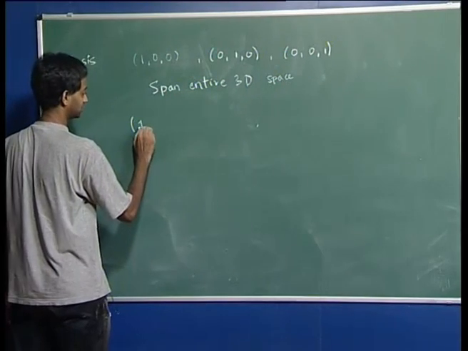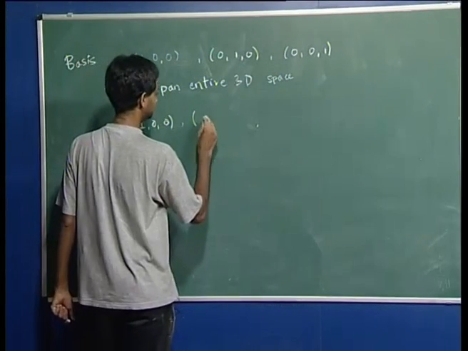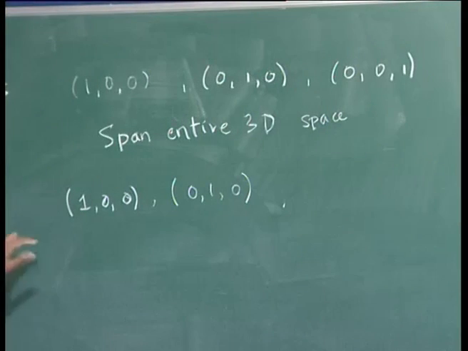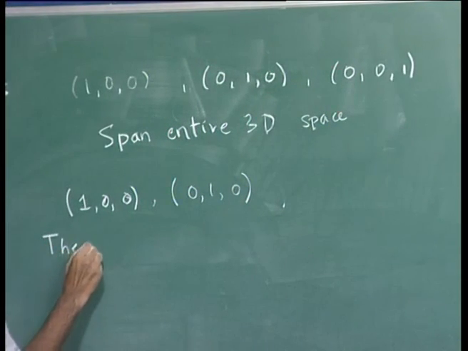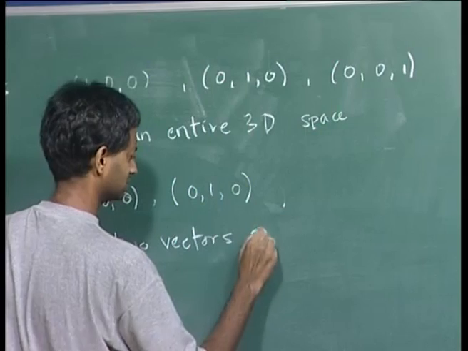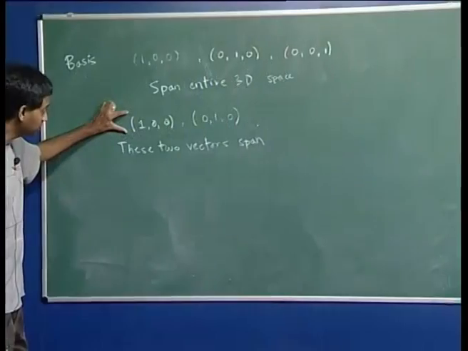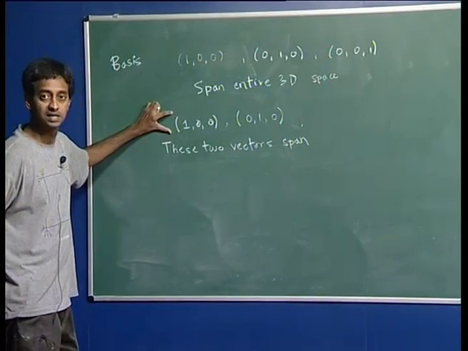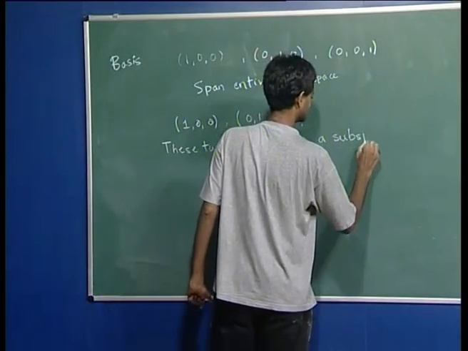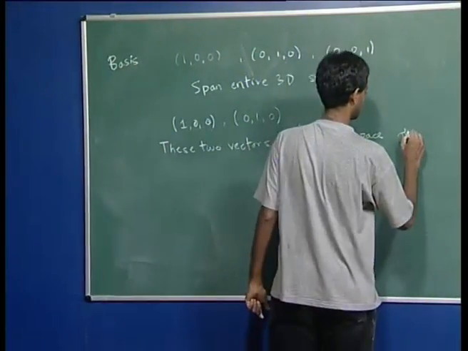Now, suppose you take the linear combination of just 2 of these vectors. So, instead of the 3 vectors in the basis, you take a linear combination of these 2 vectors. Okay. So then if you take all possible linear combinations of these 2 vectors, then you will span a subspace, okay, the subspace of the 3D space.